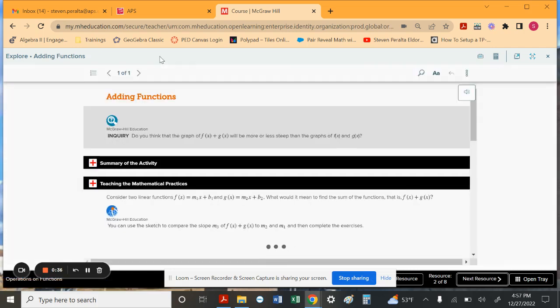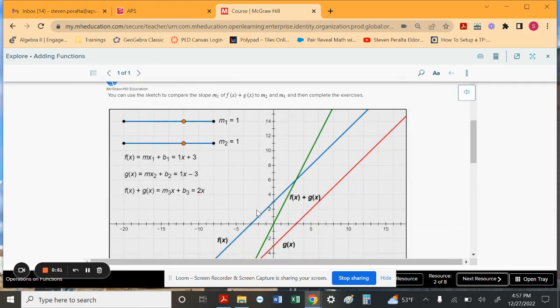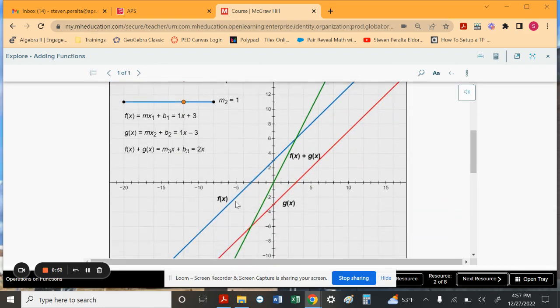So adding functions. The first thing we're going to do is, let's say we want to add two functions. We want to explain mostly the terminology on how we do that. Here is a graph of f of x plus g of x. We do write it a little bit differently. If we're adding those two functions, notice that here we have f of x, here we have g of x, and if we add them together, we get this particular one right here in the middle.